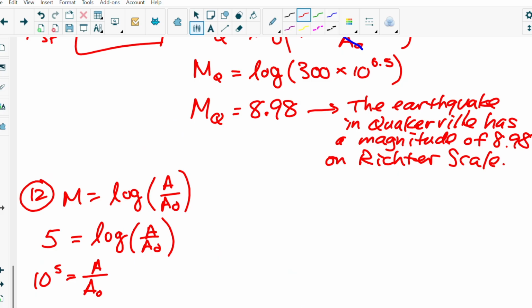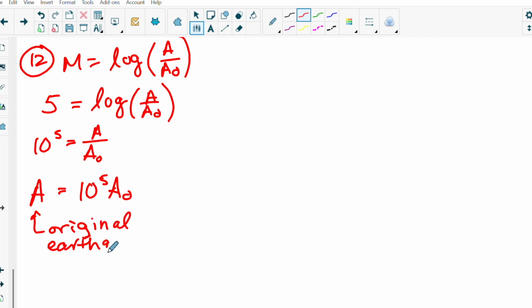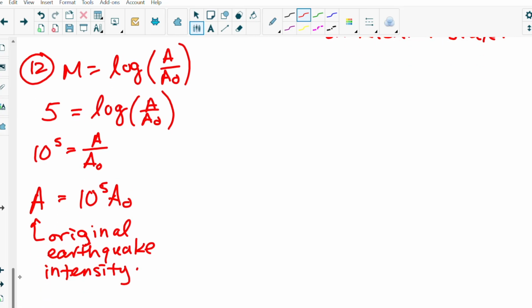Okay, and then so let me just go back real quick. Yeah, that's the original earthquake, the magnitude 5. So that is A equals 10 to the 5th A naught. So this is the original earthquake. And then we're going to compare it to the aftershock earthquake. Okay, so original earthquake, not magnitude, intensity, right? Intensity. Okay, so what's next?